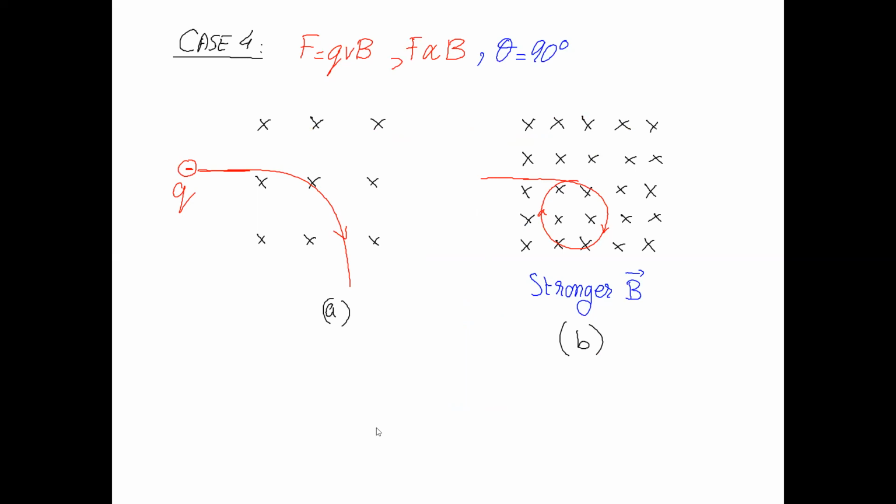Case number 4. F is equal to qvB. If I keep the other variables constant, force and magnetic field strength are proportional. Theta is 90. This is the 90-degree case, so it means force will be maximum. In a stronger field, the charged particle will not escape. It will be bound inside the field.